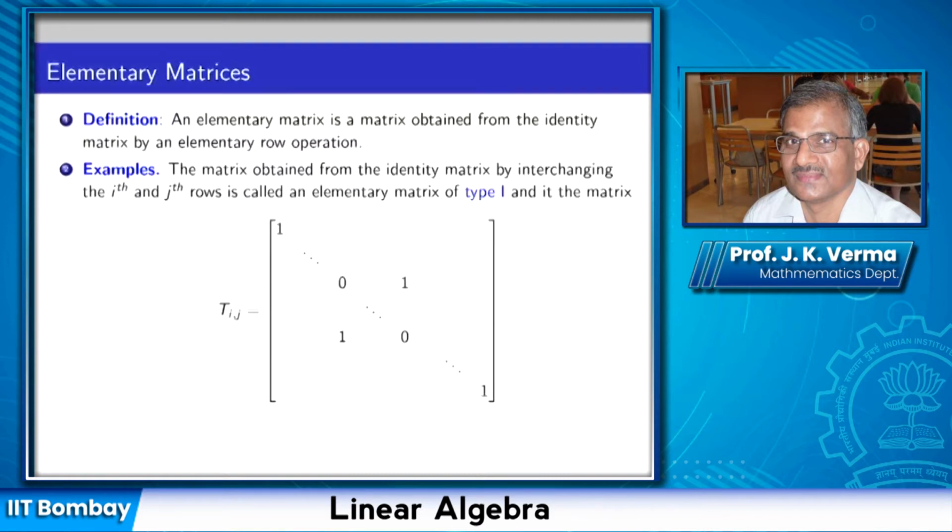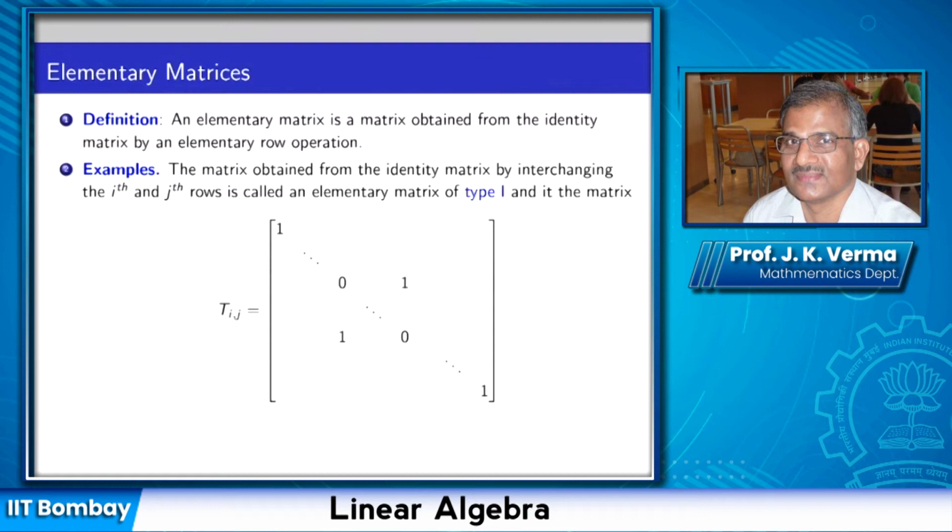So use matrix multiplication: 0, 1 times AC is C, 0, 1 times BD is D, and 1, 0 times AC is A, and 1, 0 times BD is B. So you see that the first row was AB, and that has been moved here, and the second row CD has been moved to the first row. So T12, when it is acting on a 2 by 2 matrix, is interchanging the first row and second row, and this is also true in general.